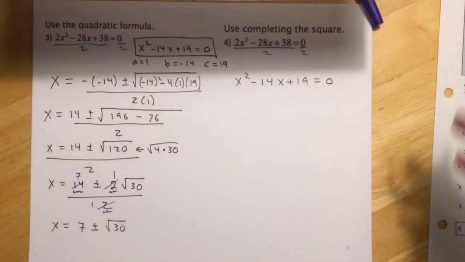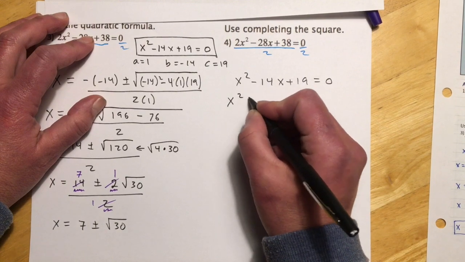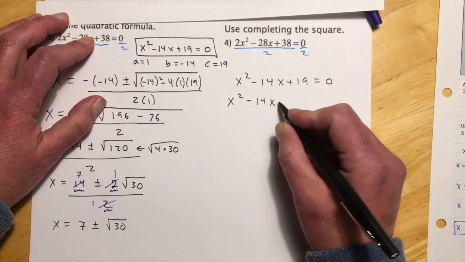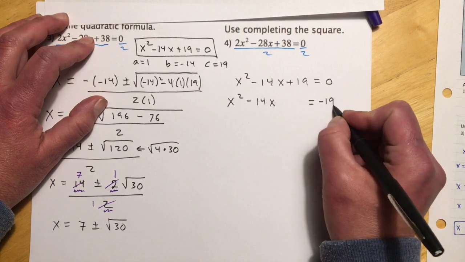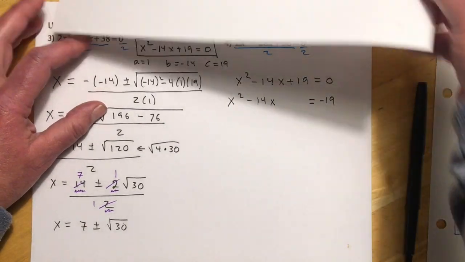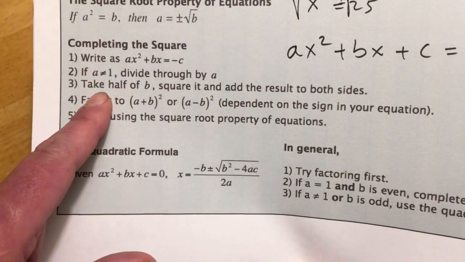And so then we get to the magical step after that. So first, let me bring this 19 over. Now just leave a little room because we're going to add something here in just a second. So that'll be a negative 19. And then here's the magical step. It's not really magic, but people think it is.